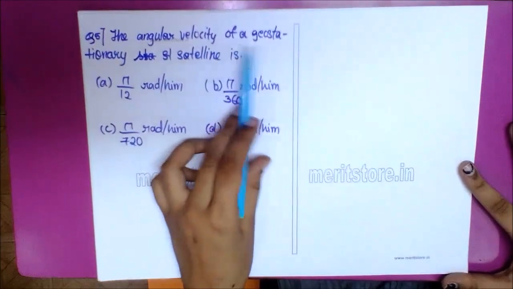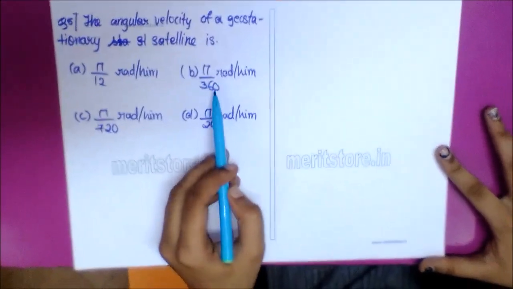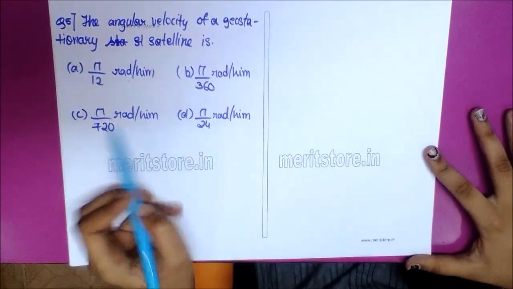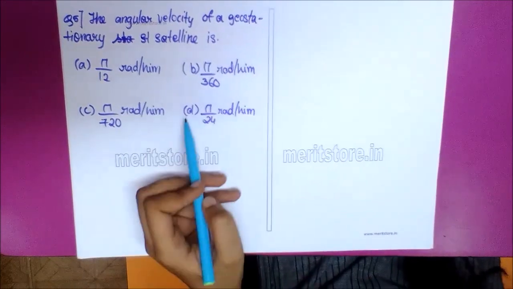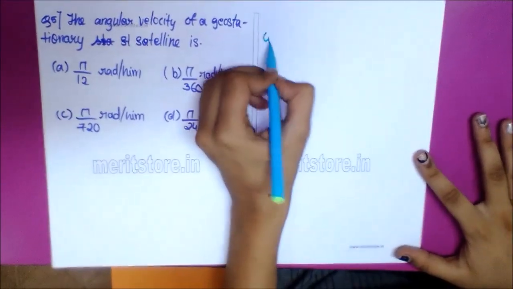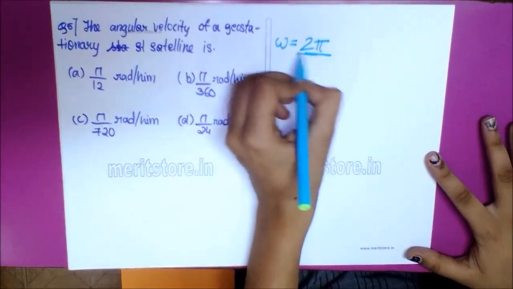The angular velocity of a geostationary satellite is: A) pi by 12 radian per minute, B) pi by 360 radian per minute, C) pi by 720 radian per minute, and D) pi by 24 radian per minute. Over here, we have to find angular velocity omega, which is 2 pi by t.